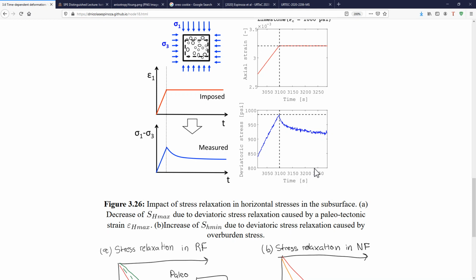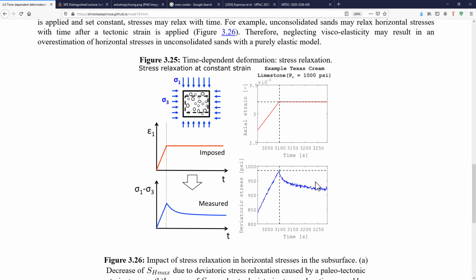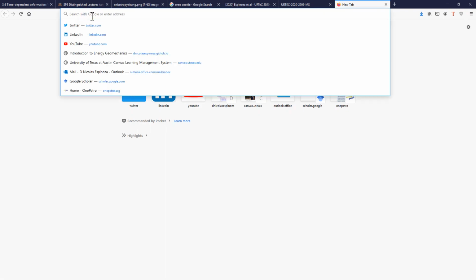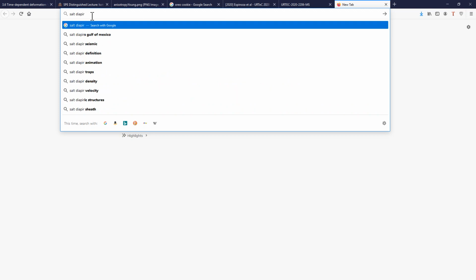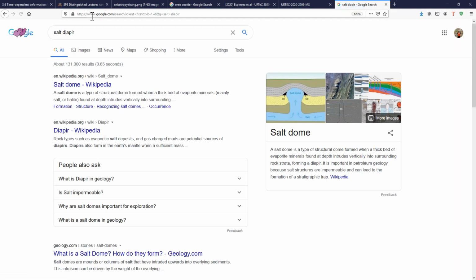And let's see an application example about this. Let's see actually two application examples. One, I don't have a figure for this, but probably I can bring one up. I have the internet in here, so let me look for an image of a salt diapir, and let's look for a good one.